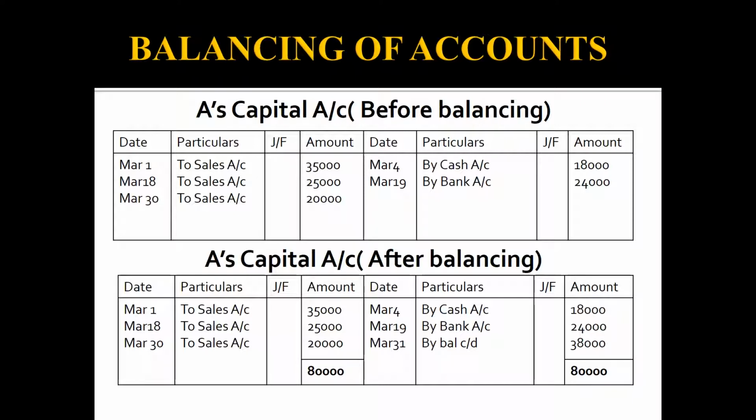So this will be the closing balance of Abhishek account, that is $38,000. So we will balance the ledger by writing the total on both sides, that is $80,000 on debit and credit side as well. So in the very next year, the opening balance will be $38,000 of Abhishek account. Thank you.